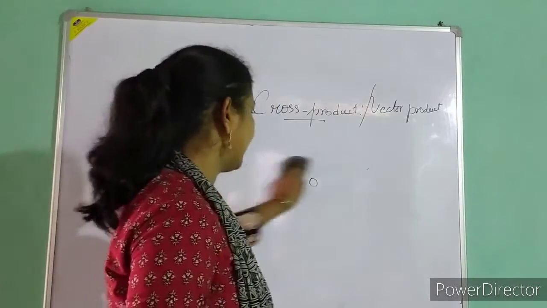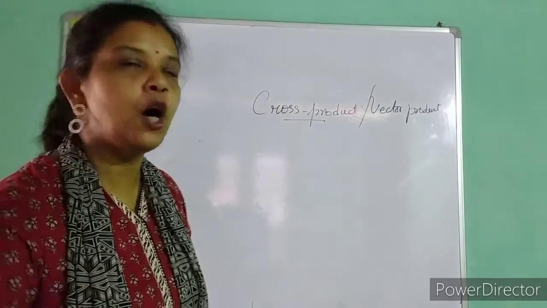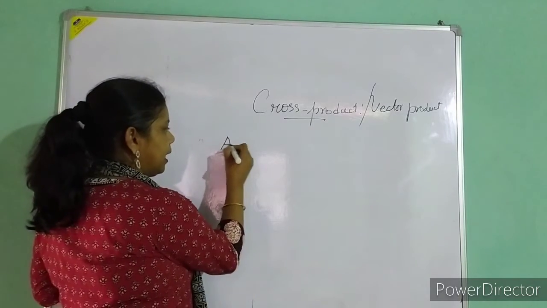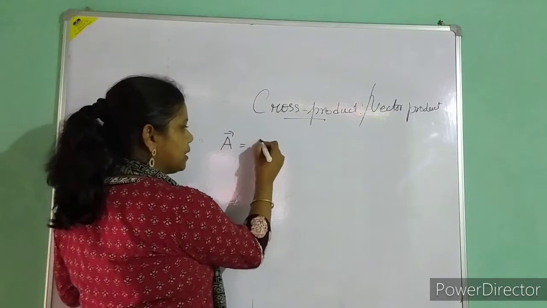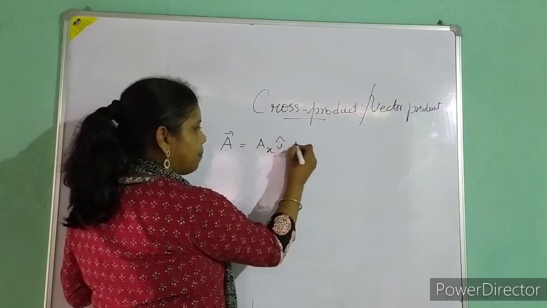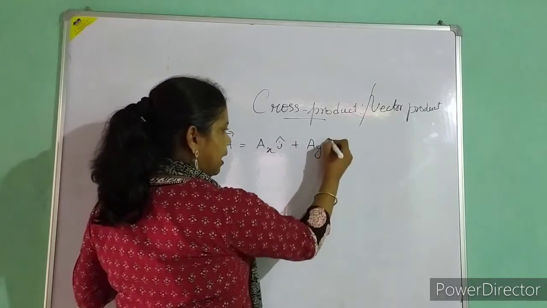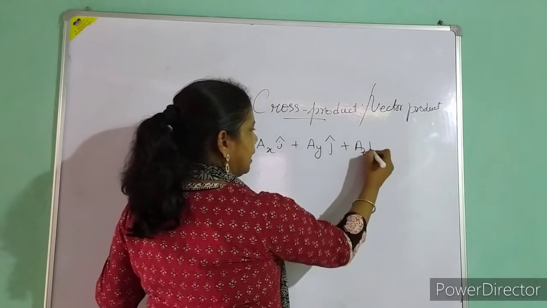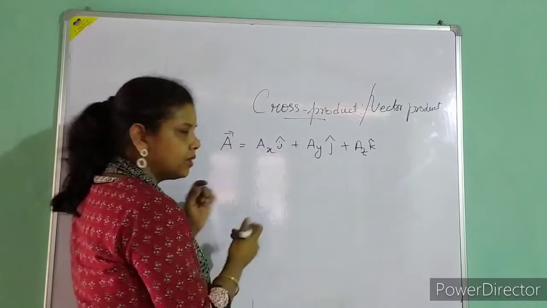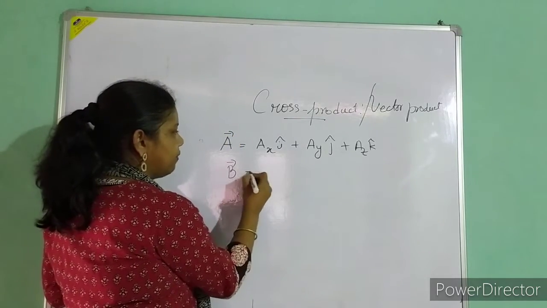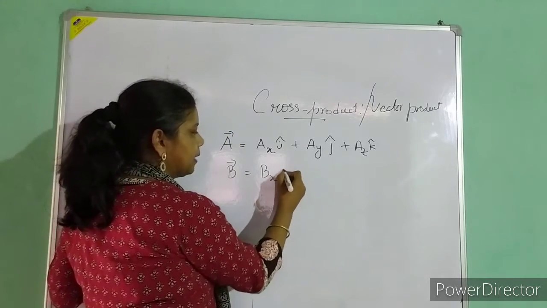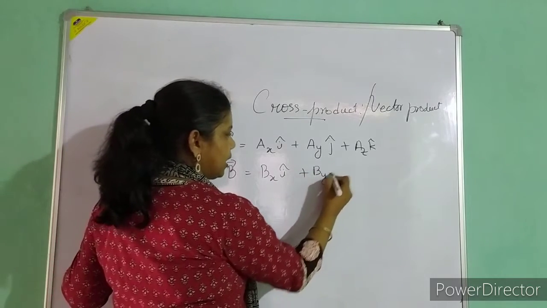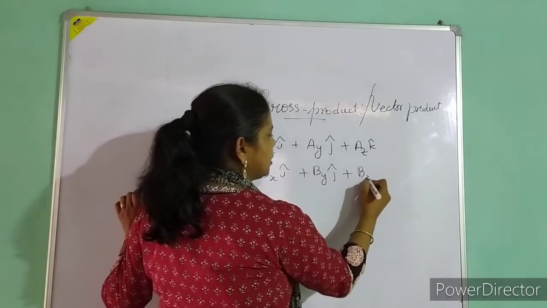Now if I have two vectors like this and I want to multiply, how to multiply? Suppose vector A is A x i cap, A y j cap plus A z k cap. Similarly, if I write vector B as B x i cap, B y j cap plus B z k cap.